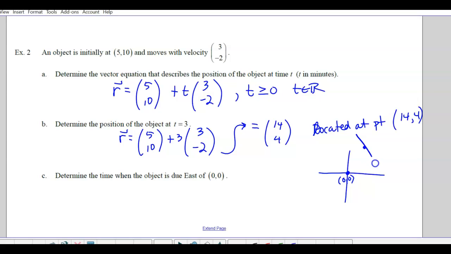So kind of going down like that. I guess it starts at, in this case, we don't really want to have a negative t value, so it'll be there going this way. And we want to know the time when the object is due east, so that's the x-intercept, i.e. the x-intercept.